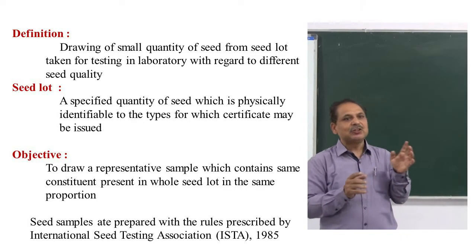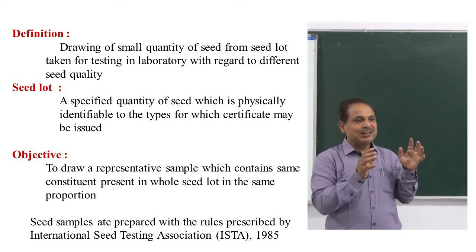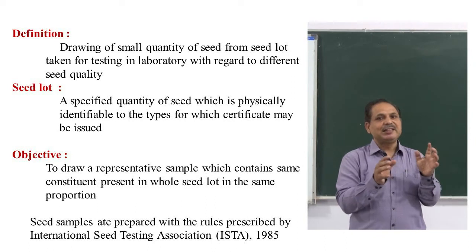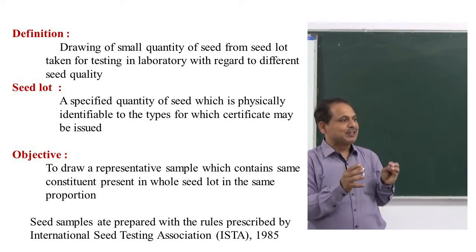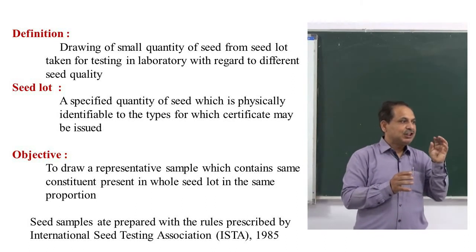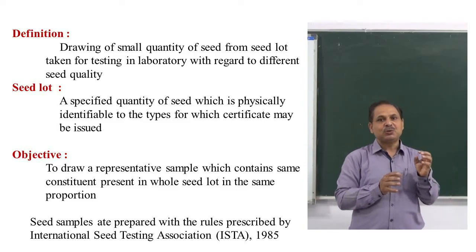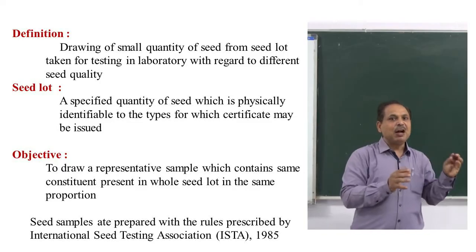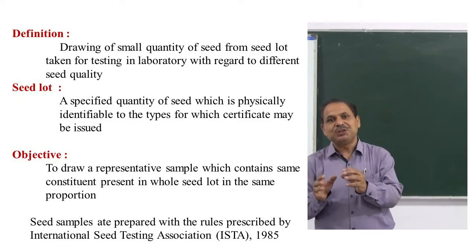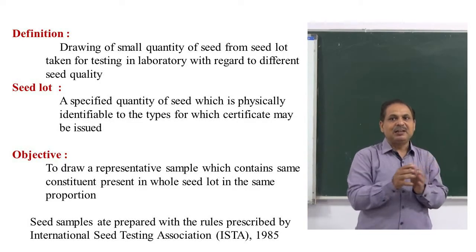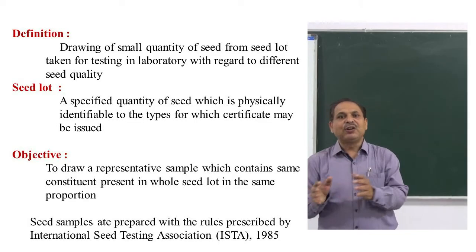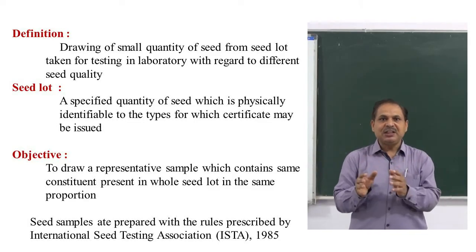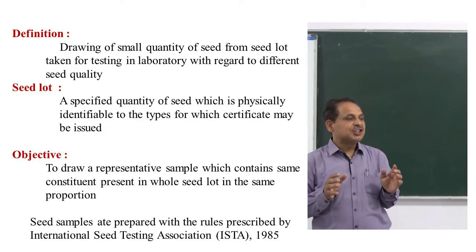But in seed sampling, we consider the seed lot as the source material. So what is the seed lot? The seed lot is a physically identifiable quantity of seeds which are kept either in bulk or in bags.